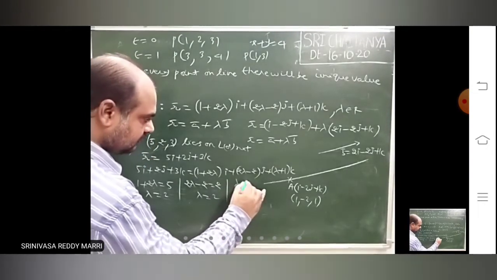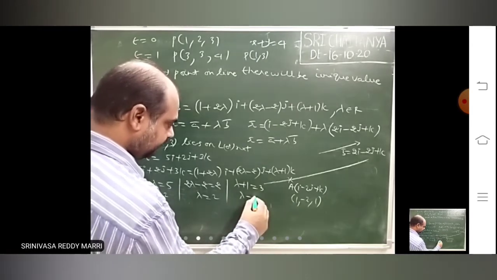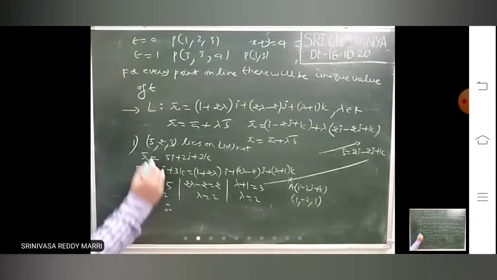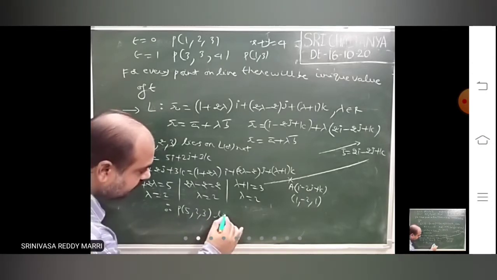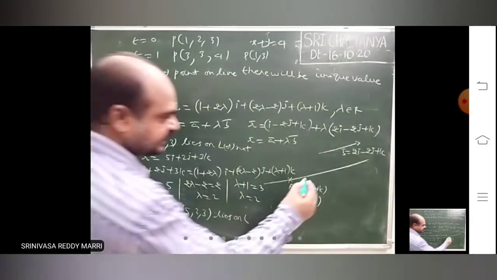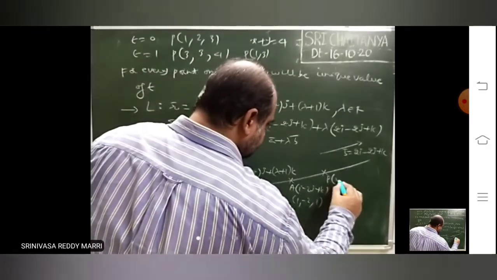Next, lambda plus 1 is 3, so lambda is 2. Look at, you are getting the same value of lambda. Therefore, this point P(5, 2, 3) lies on L.